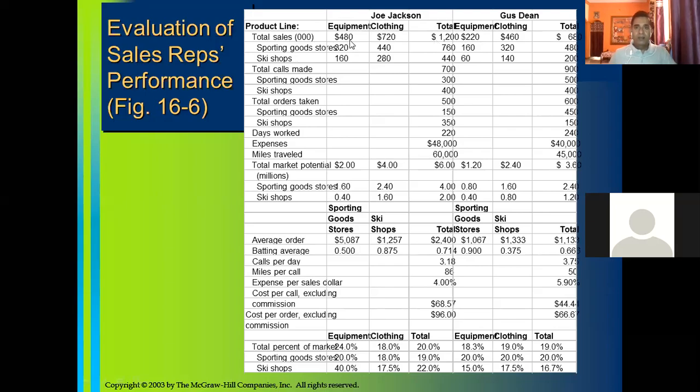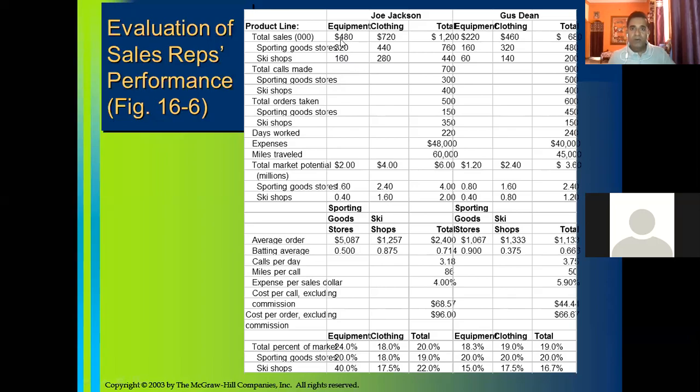Then this total is split sporting goods store wise and ski shop wise. Equipment, that is skis and ski accessories, he has sold worth $480,000.